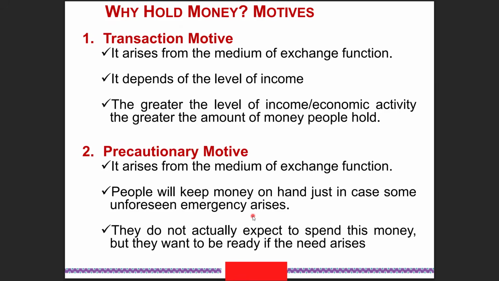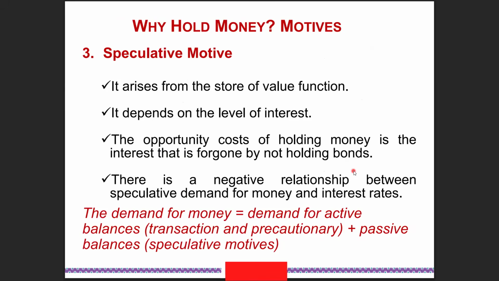Then you see this nice jacket and think, let me just buy this one also because I like it and I have change, since from this 1,000 rand I'll be left with 300 rand. Precautionary motive is using money you do not actually expect to spend, but when the need arises, you use it. You can also use it in unforeseen circumstances or in emergencies. It also arises from the medium of exchange function.